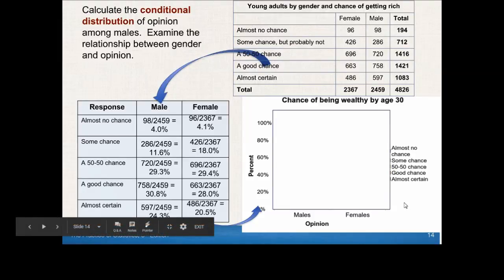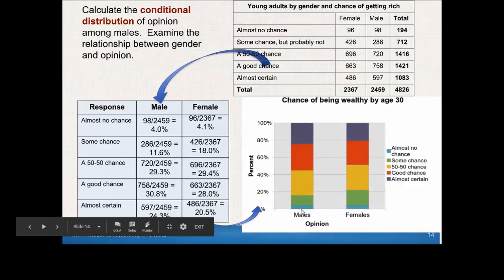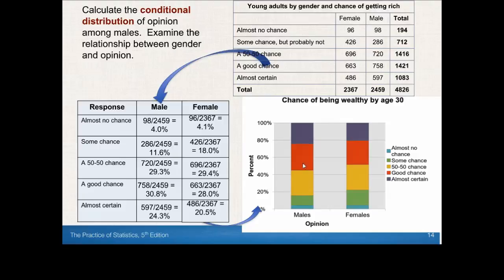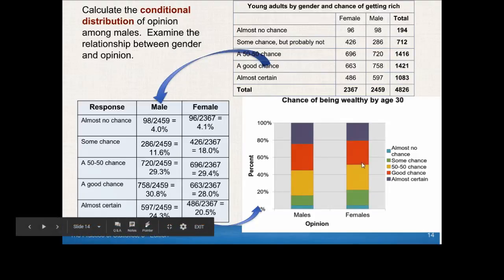So to do that, we take each of the percentages from the columns and we stack them, so that from the bottom to the top, of course, it represents 100%, or nearly anyway, maybe a round off error. And so then we did the same thing with females.